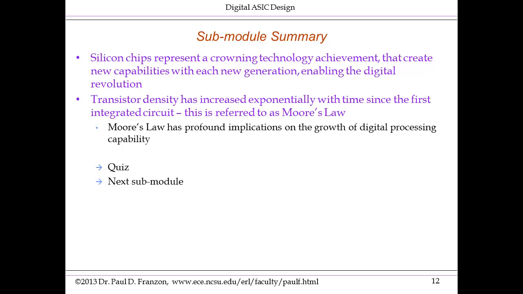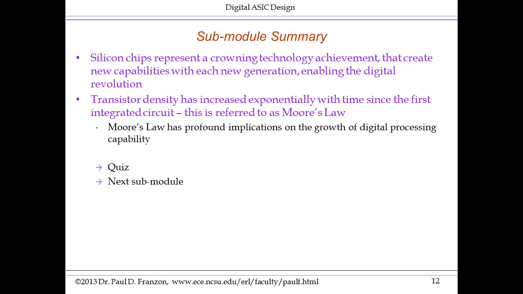So that brings us to the end of this particular submodule. I'll remind you that the silicon chips represent a crowning technological achievement of the 20th century that's continuing in the 21st century. And part of the reason for this is transistor density has increased exponentially with time since 1959.